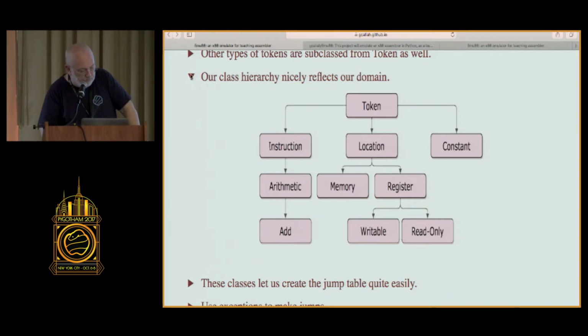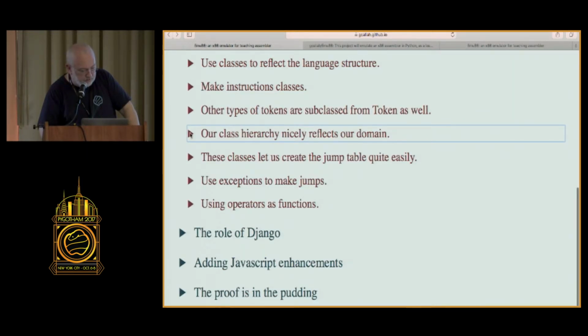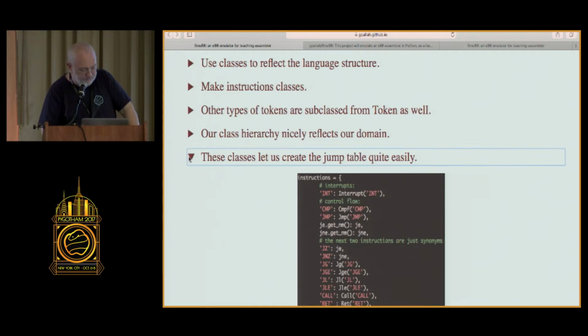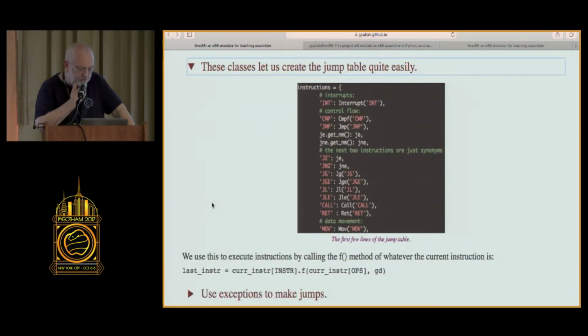The instruction class makes it very easy for our jump table. Underneath instructions, we have 3 types: control flow, data movement, and arithmetic. And under each of those, we have a type for the specific instruction.